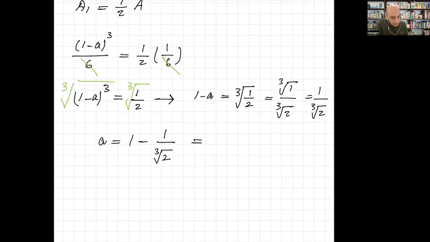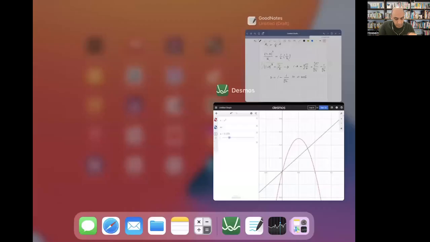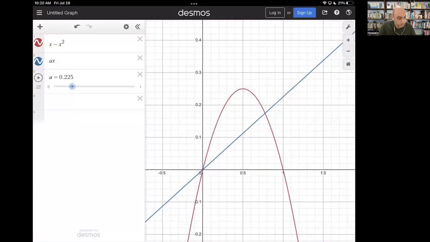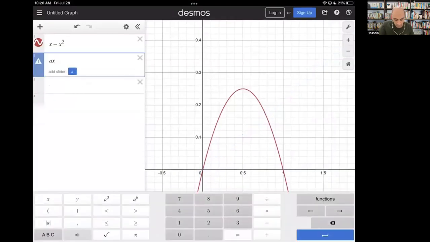So this is equal to roughly 0.206. So this is an estimate. If I go back to Desmos, I can remove the slider.